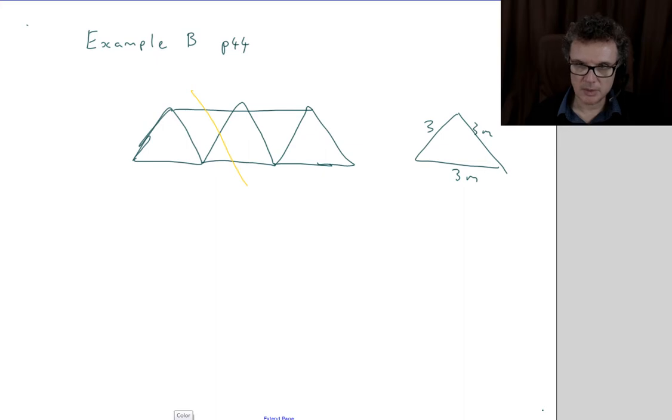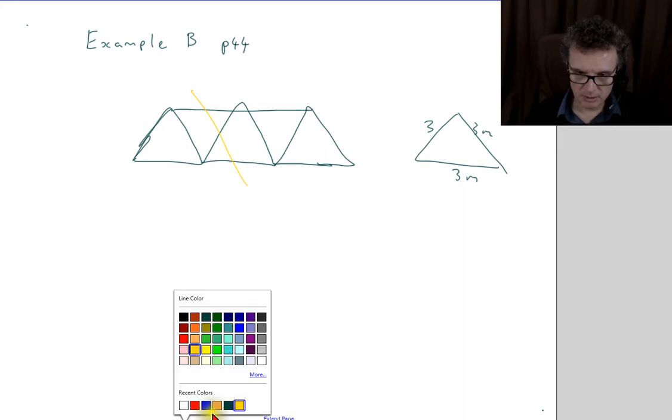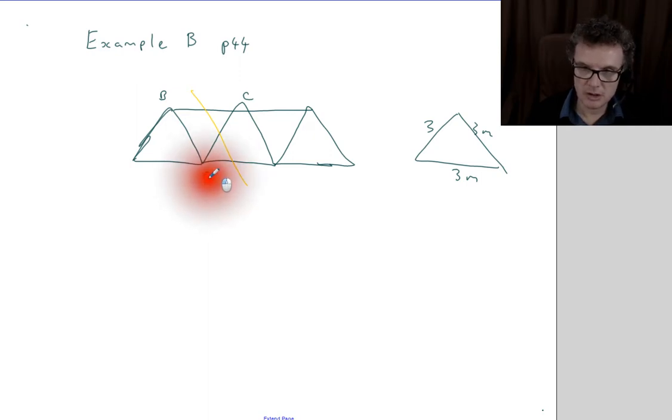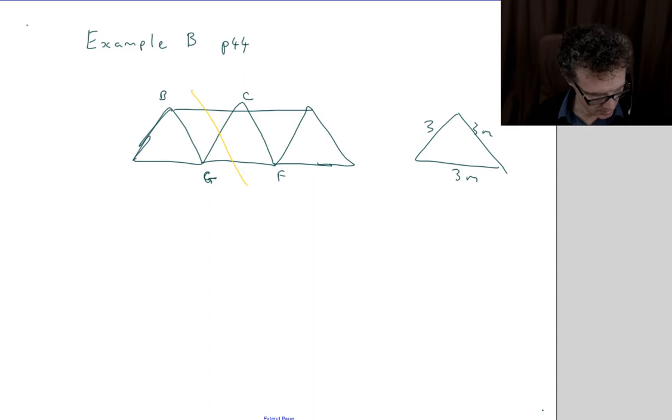The members that we're cutting through, we'll label them up. So that's, or the nodes rather, B, C, G, and F. Okay, I'm going to throw away the left-hand side of my framework.